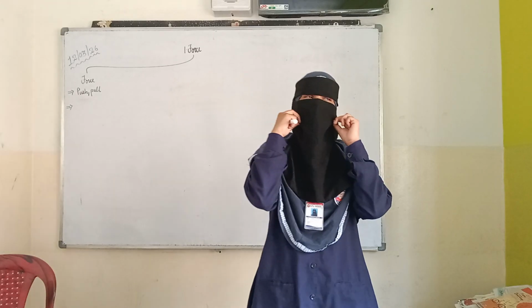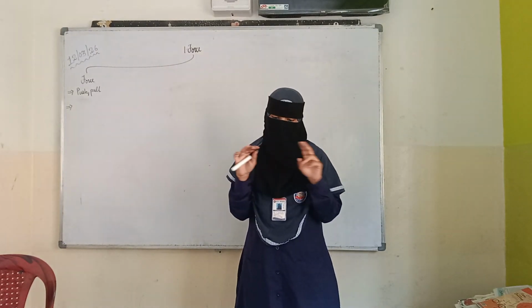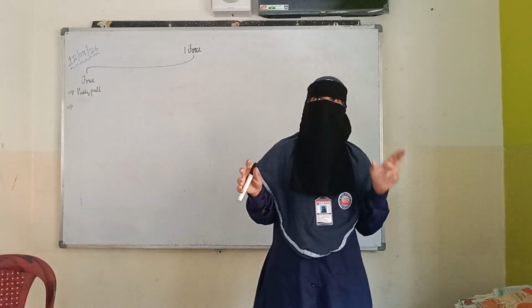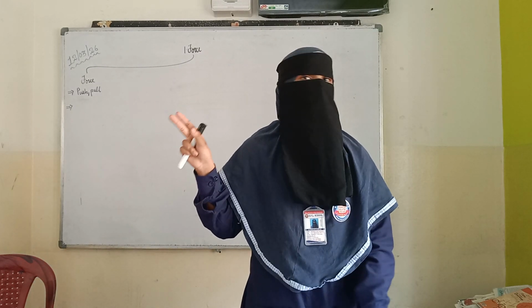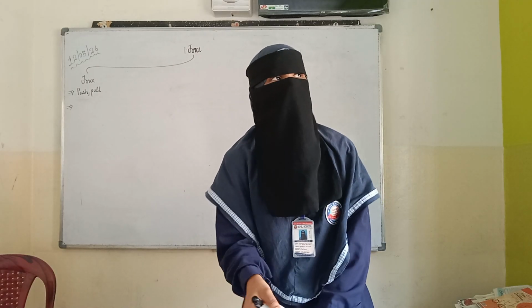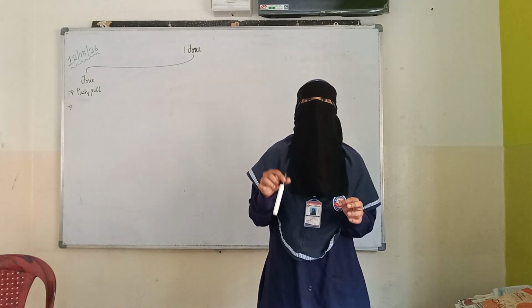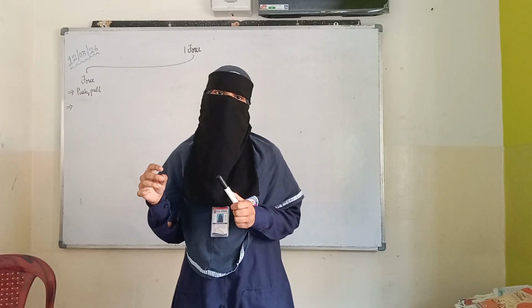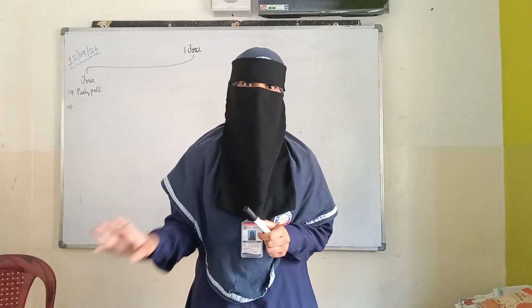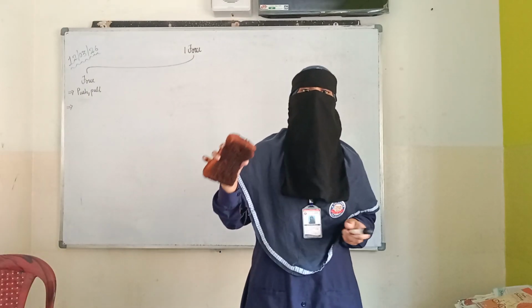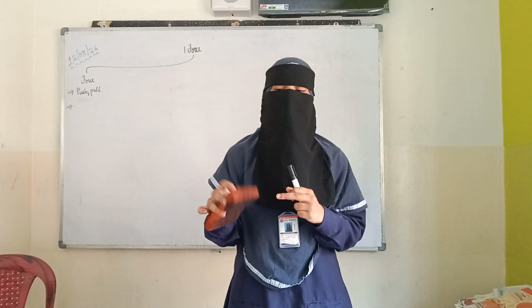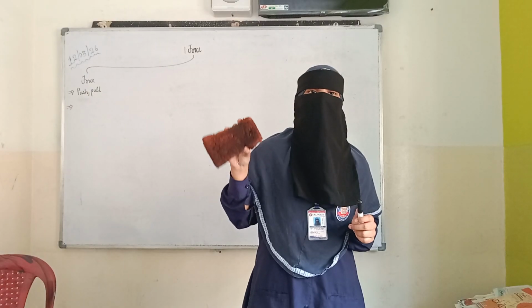So in force, we have two main types, one is contact force and one is non-contact force, or force at a distance. By the name, contact means there is a direct contact between two objects. If I am catching this duster, this is a direct contact between me, my hand and a duster.